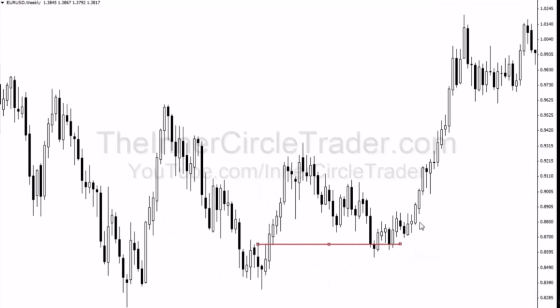Now, again, we utilize market structure back here to frame this setup. So it's right out of the Sniper series, so it shouldn't be anything new to you there.